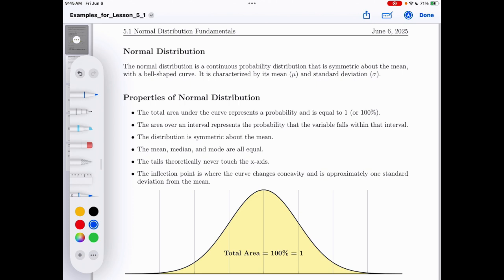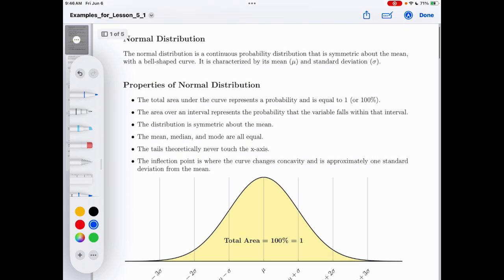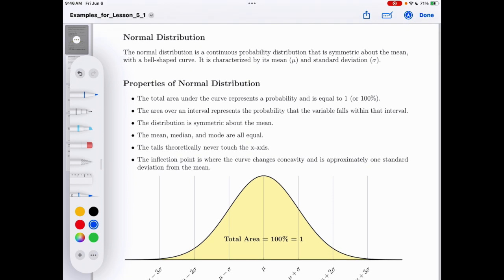It's called the normal distribution. And again, unlike the binomial distribution, the normal distribution models continuous variables, and those can take on any value within a given range, such as height or temperature, weight or time. These values are not limited to whole numbers for the variable. So let's start by looking at the properties of the normal distribution.